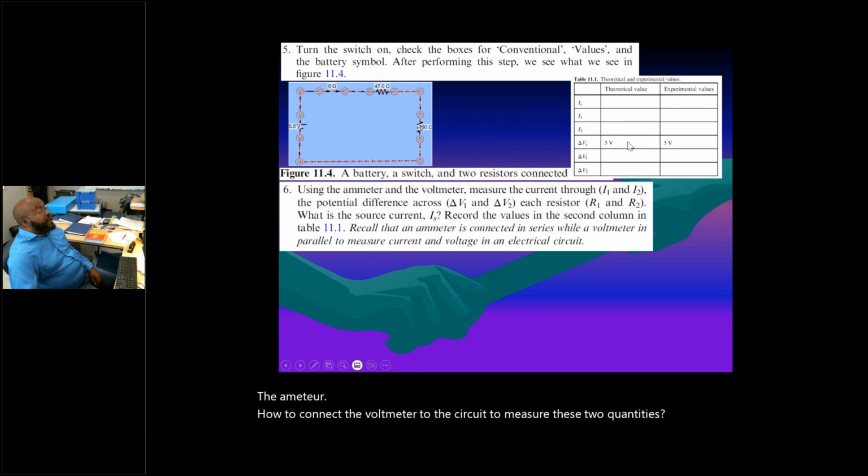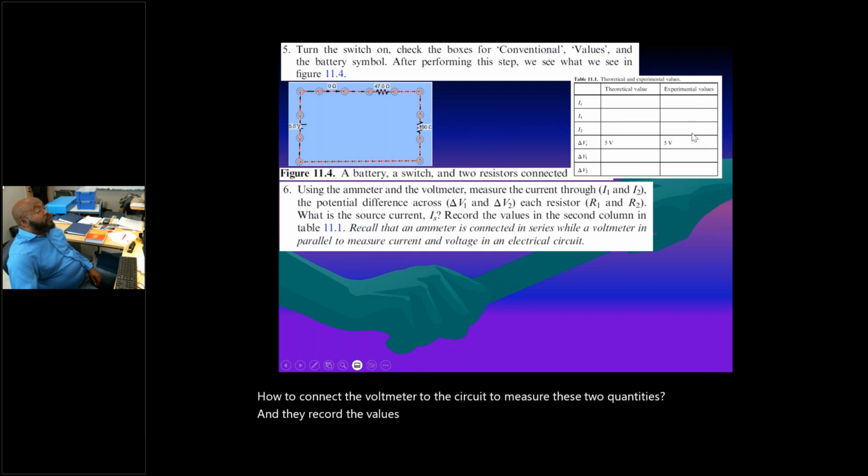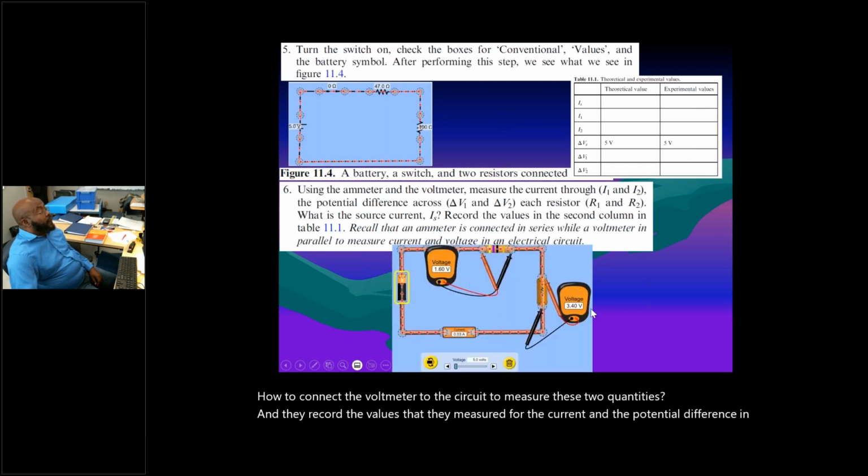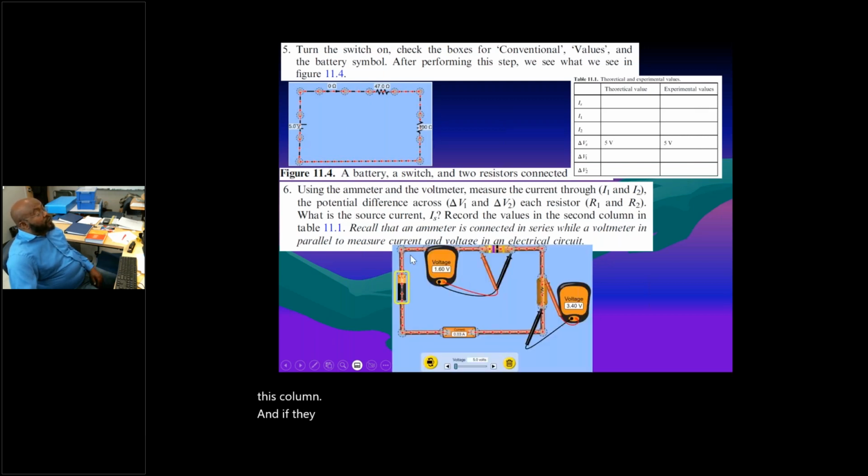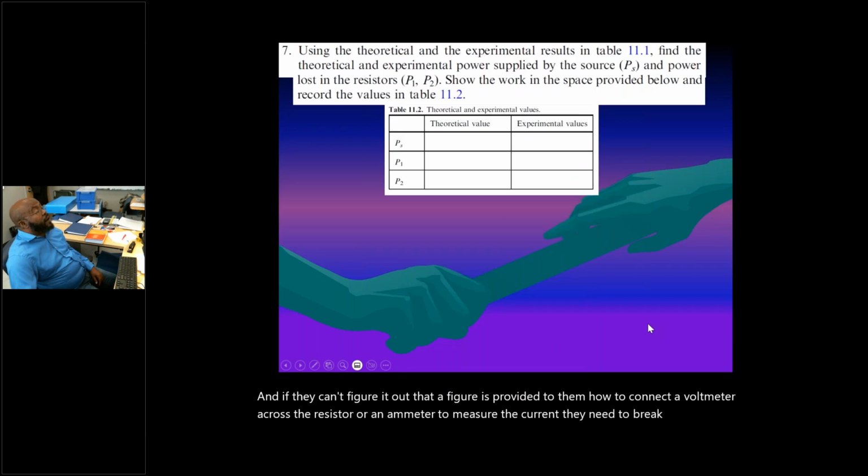And they record the values that they measured for the current and the potential difference in this column. And if they can't figure that out, a figure is provided to them showing how to connect a voltmeter across the resistor, or that to measure the current with an ammeter they need to break the circuit.